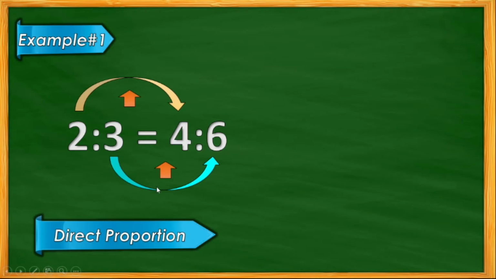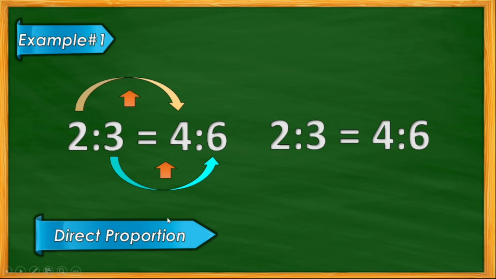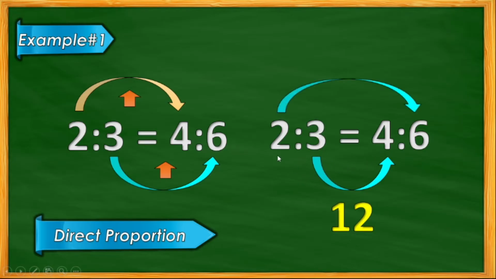This would be directly proportional. So let's check if these two ratios are a proportion. Let's multiply the means and also the extremes. 3 multiplied by 4, the answer is 12. And then 2 multiplied by 6, the answer is 12. So these two ratios are a proportion and also directly proportional.